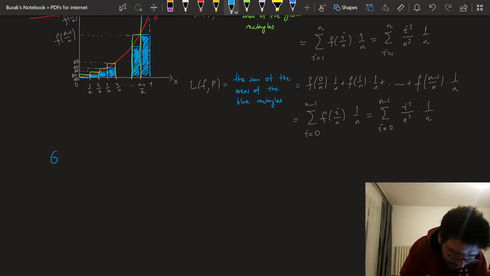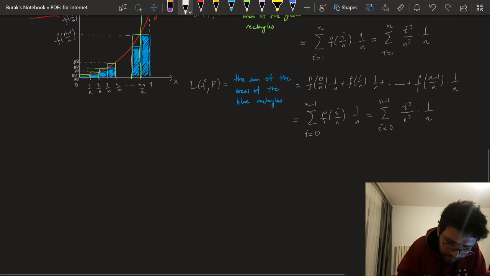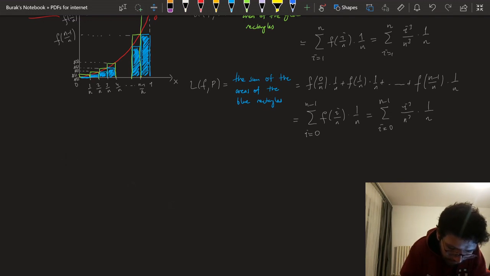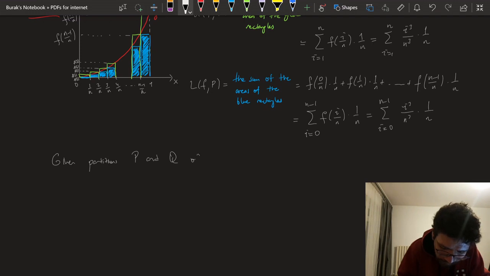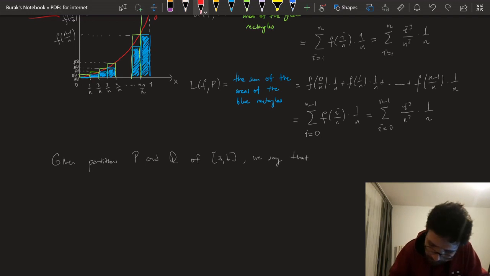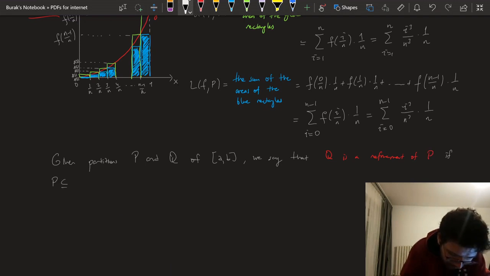So given partitions P and Q of [a, b], we say that Q is a refinement of P if P is a subset of Q.